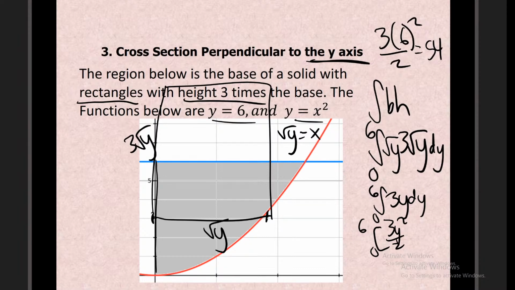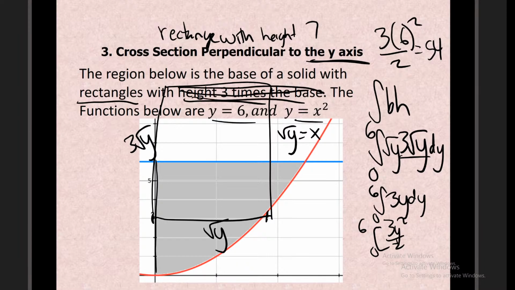Now, there is another type of rectangle, and it actually would have been harder here. This one was made easier in that the height was 3 times the base. But they could just give you a rectangle with height 7. So if I did the same problem with a rectangle of height 7 instead of a rectangle with height 3 times the base, the only change in my integral is that it'd still be from 0 to 6, base would still be the square root of y, but height would just be 7.